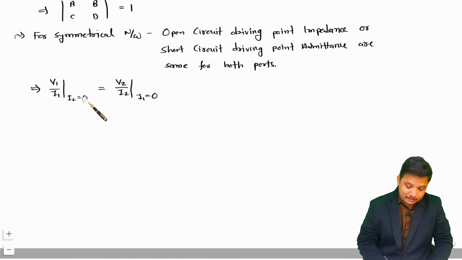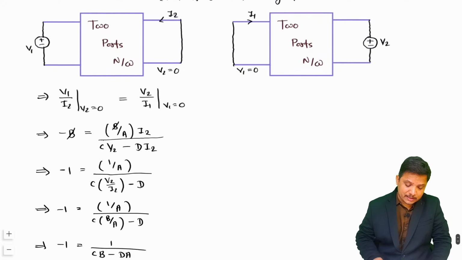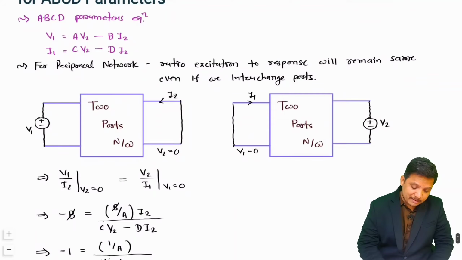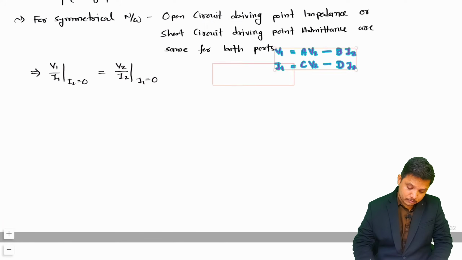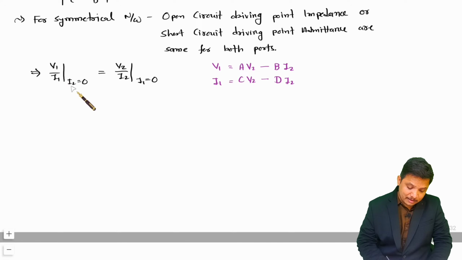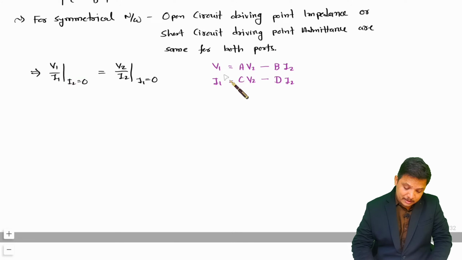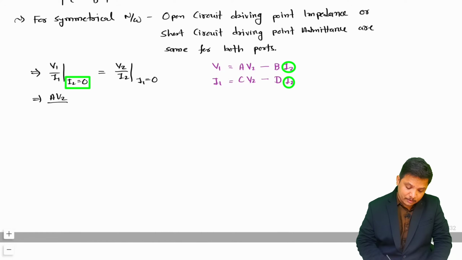For a symmetrical network, let us check it for the ABCD parameters, and for that I need the ABCD parameter equations. So let me take these ABCD parameter equations first. Now we need to find V1 by I1 when I2 is 0, right? So you see, when I2 is 0, V1 is AV2, and when I2 is 0, I1 is CV2.